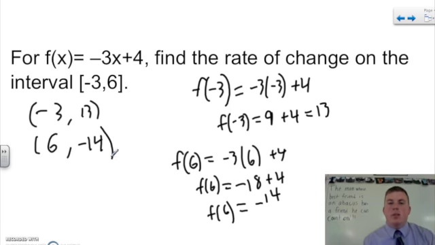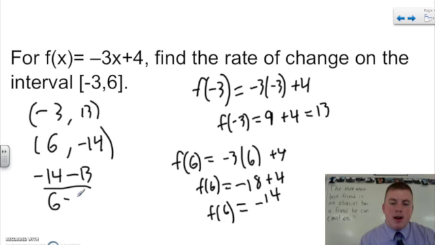Now, we need to plug this into our slope formula. I like working without having to do a double negative, so I'm going to make this my y2 and x2, and the other my y1 and x1. So I'm going to do negative 14 minus 13. Since I put the 14 first, I have to put the 6 first: 6 minus a negative 3.